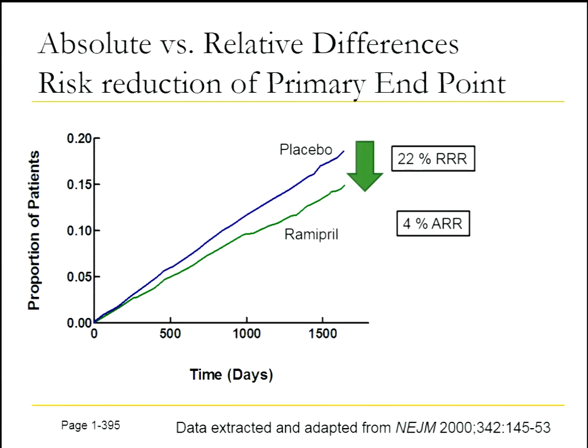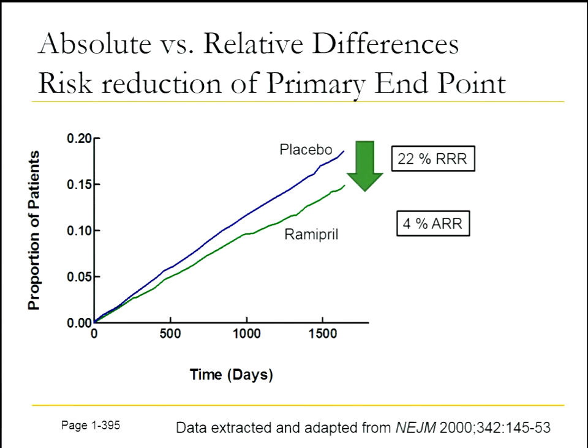So the typical picture that we see sometimes from the pharmaceutical industry, as well as in journal articles, shows the proportion of patients with the primary endpoint over time, or the time of inclusion, and we see this big green arrow suggesting a very powerful reduction in the endpoint observed with ramipril as compared to placebo.